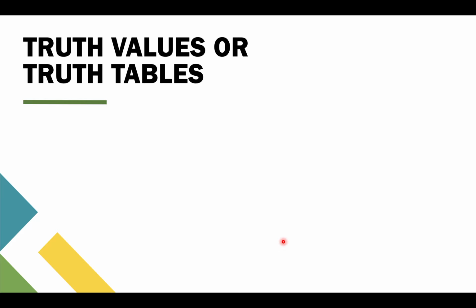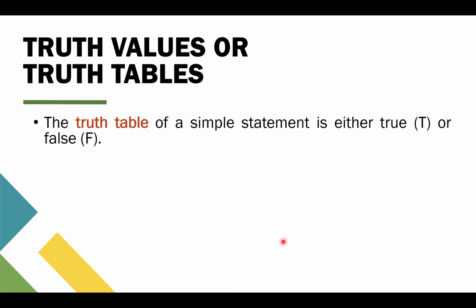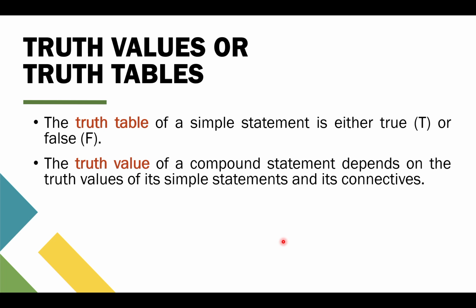So first one, a truth value of a simple statement is either true or false. Second one, the truth value of a compound statement depends on the truth values of its simple statements and its connectives. Ano kayang ibig sabihin yan? So I will explain later on.